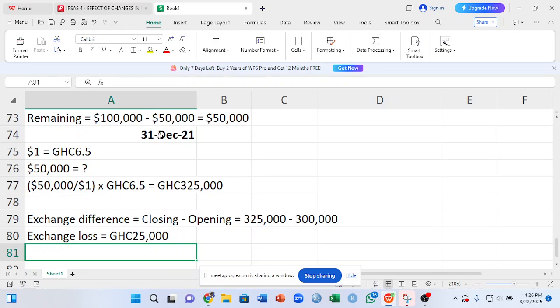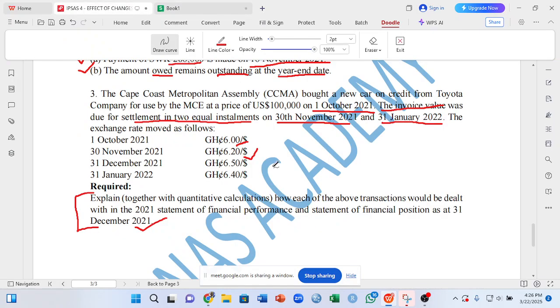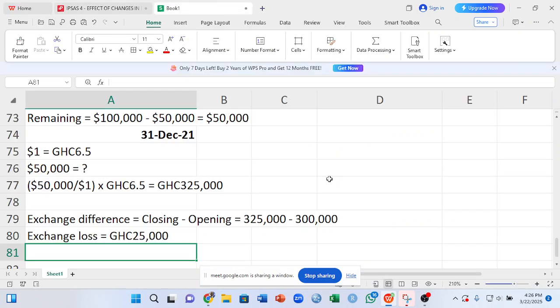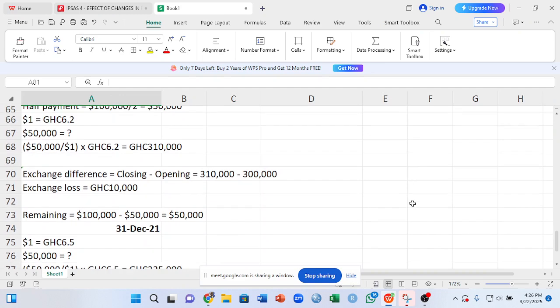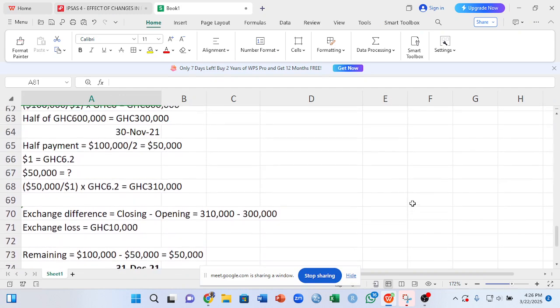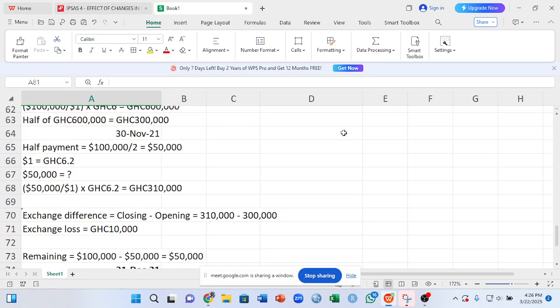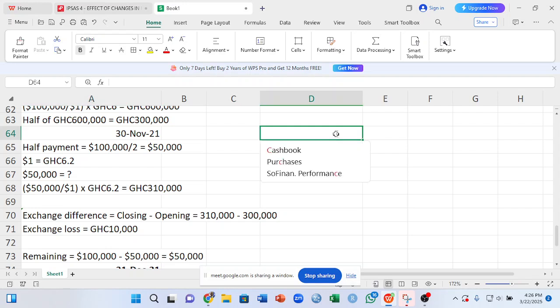But bear in mind we are not done because the question told us to do what? To present in the statement of financial performance and statement of financial position. So we need to present. So let's do that one beside it. So this was in relation to CCMA.